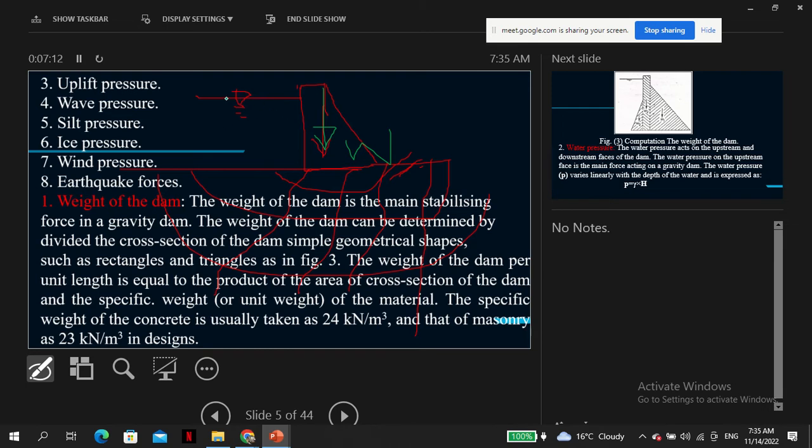The water, of course, if you are to draw the variation of the water pressure, this is the variation, which is gamma h, where h is the height. So all this pressure is acting on the dam.